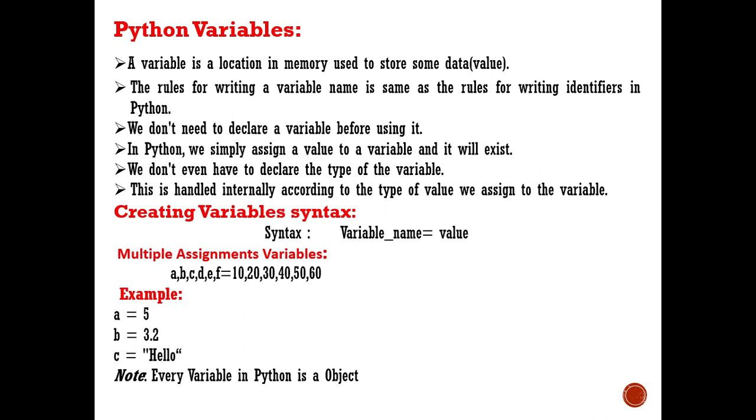In Python, we simply assign a value to a variable and it will exist. We don't even have to declare the type of the variable. This is handled internally according to the type of the value we assign to the variable.